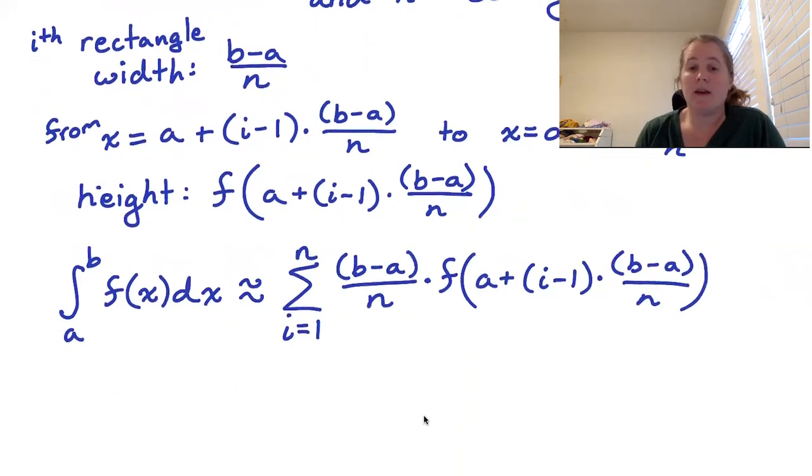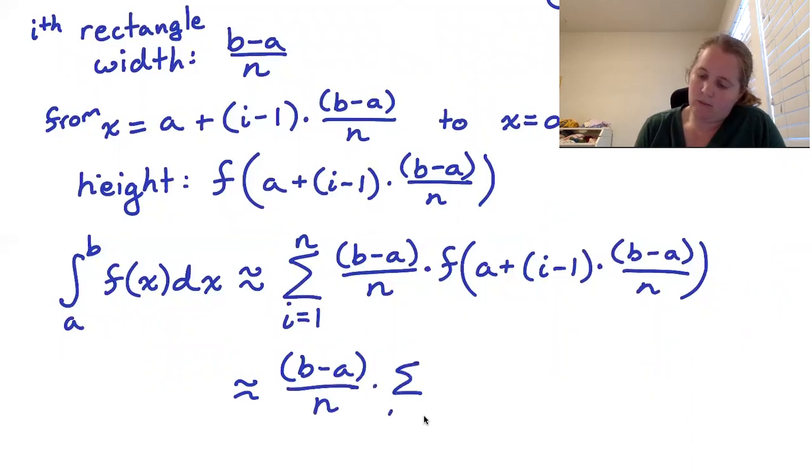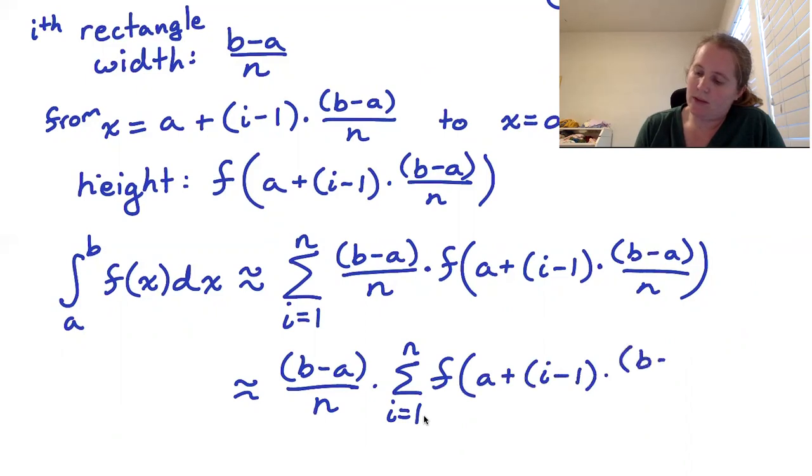And then that b minus a over n is a constant, and so we can go ahead and shift b minus a over n outside. And then we just have the sum from I equals 1 to n of f of a plus I minus 1 times b minus a all over n.